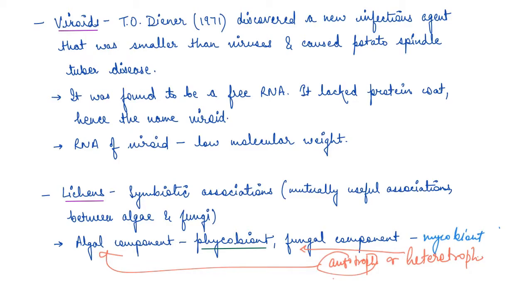That means the algal component prepares food and the fungal component provides shelter, and absorbs mineral nutrients and water for its partner. So in that way they both benefit each other. Okay, and lichens are basically very good pollution indicators. Basically they do not grow in polluted areas.